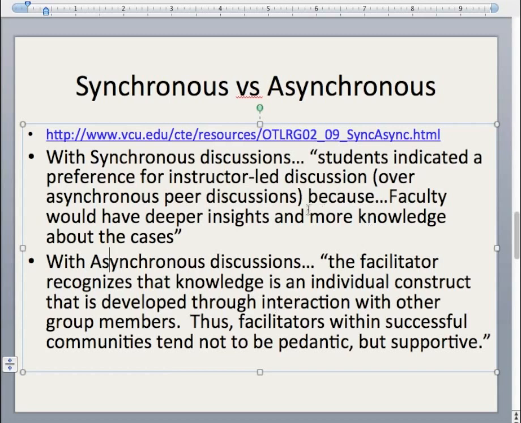So there's much more directive instruction, more direct answering, going on in synchronous versus asynchronous, where there's more time for facilitation and guiding people to come to their own conclusions. All right, but again, both have their place. Now, assessment-wise, again, it ain't what you do, it's the way that you do it. There's formal for both of these. There's informal uses for both of these.